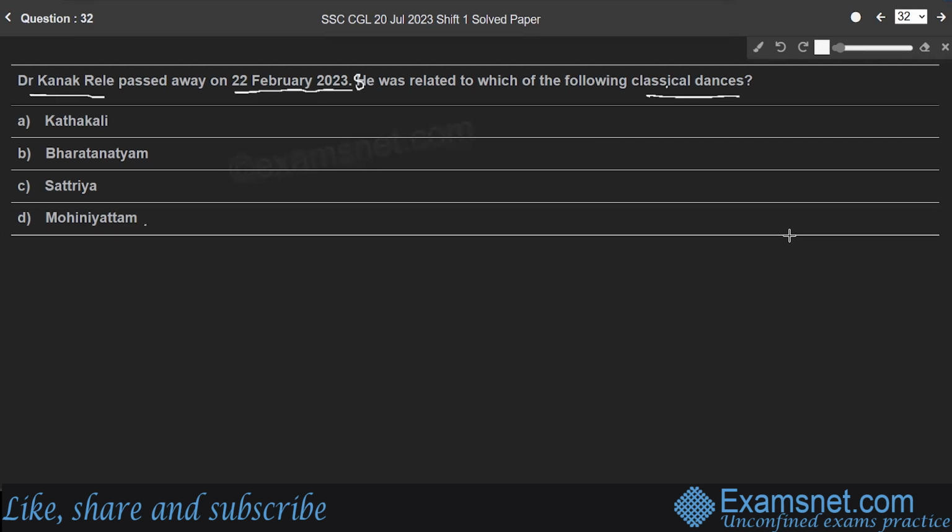So she was related to Mohiniyattam, and Dr. Kanak Rele established the Nalanda Dance Research Center and Nalanda Nritya Kala Mahavidyalaya.